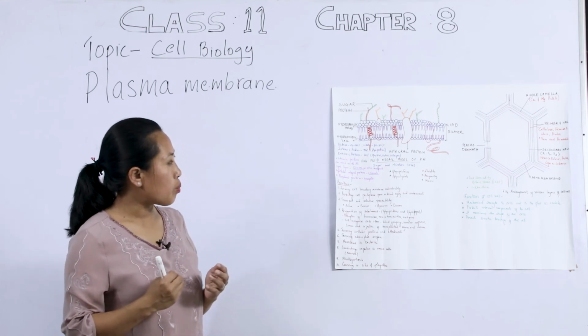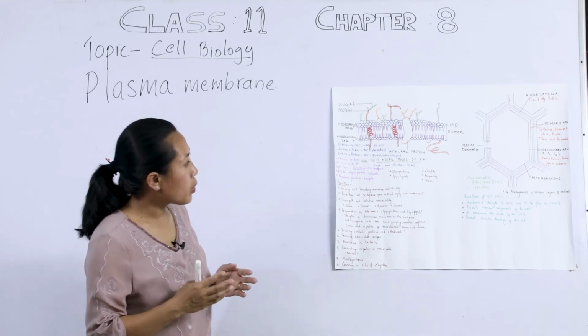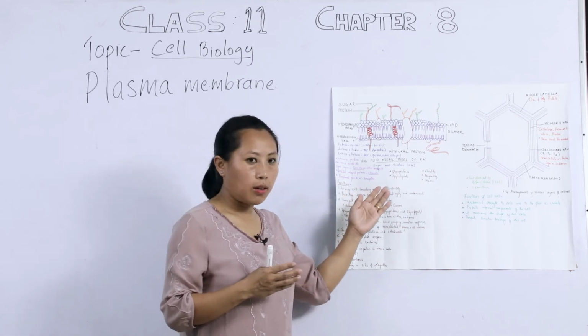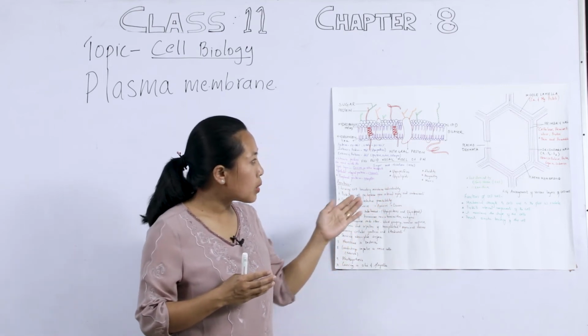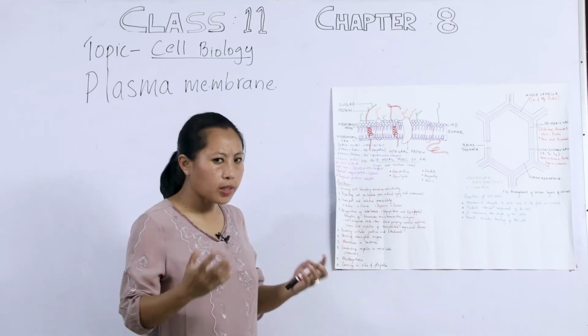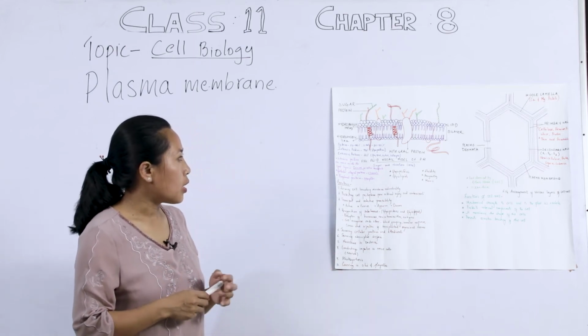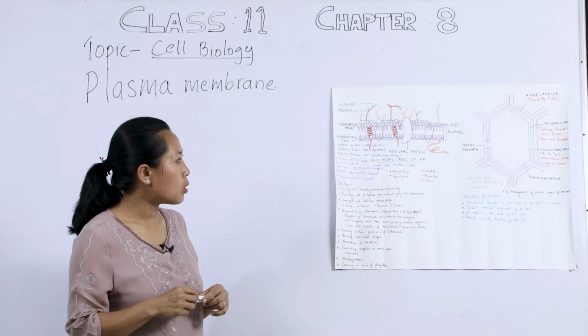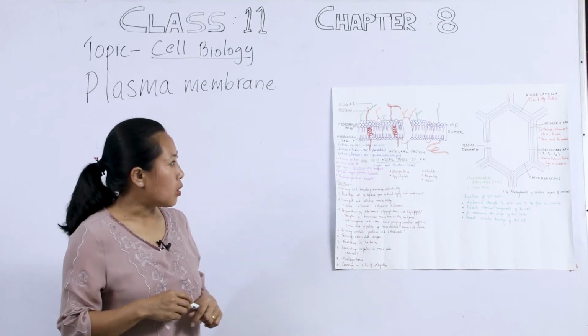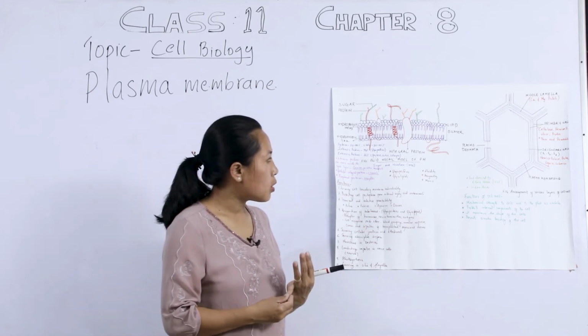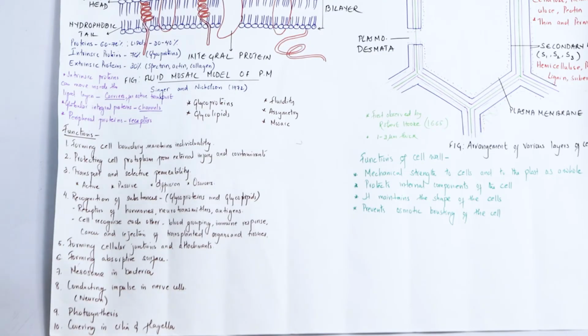The next is the primary wall. The primary wall is formed next to the middle lamella on either side, that is, on the adjoining neighboring cells, and is made up of cellulose, hemicellulose, and pectin. The primary walls are thin and permeable.